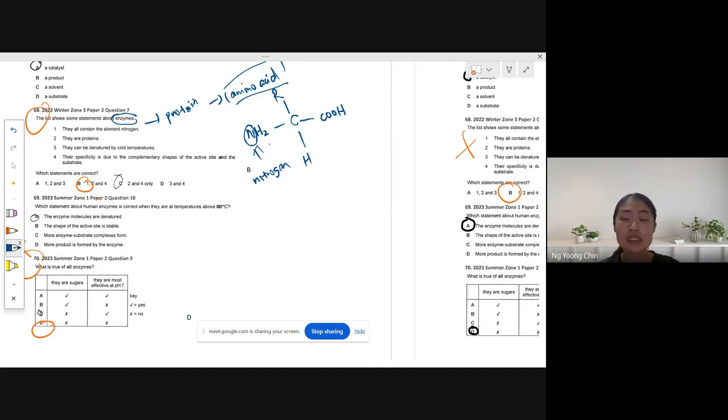This means that in order to produce proteins, you need to synthesise the amino acids first. And the building block of the amino acid includes the nitrogens, so they all contain the element nitrogen. This is true, because nitrogens help to build up the amino acids, and then amino acids build up the proteins.